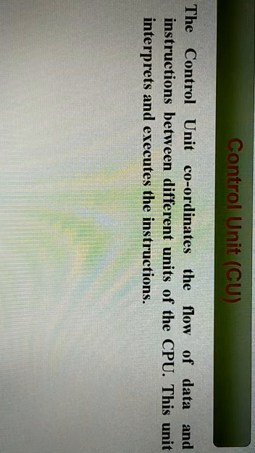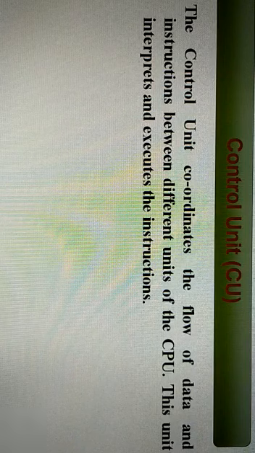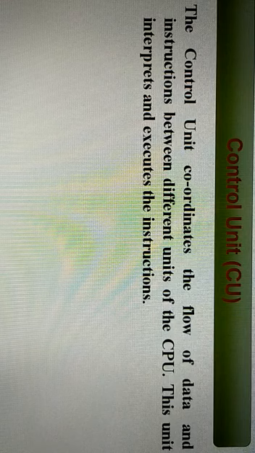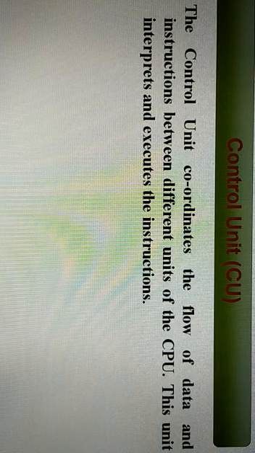The control unit acts as the brain of the processor. Once again, the central processing unit is known as the heart of the computer system, but the control unit is known as the brain of the processor, or we can say the CPU.